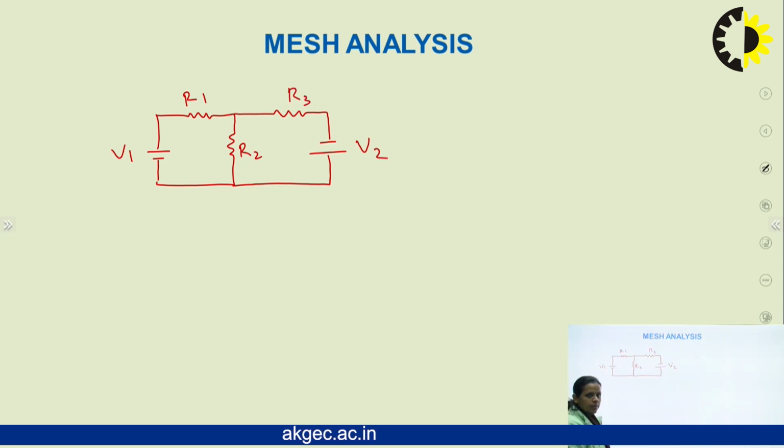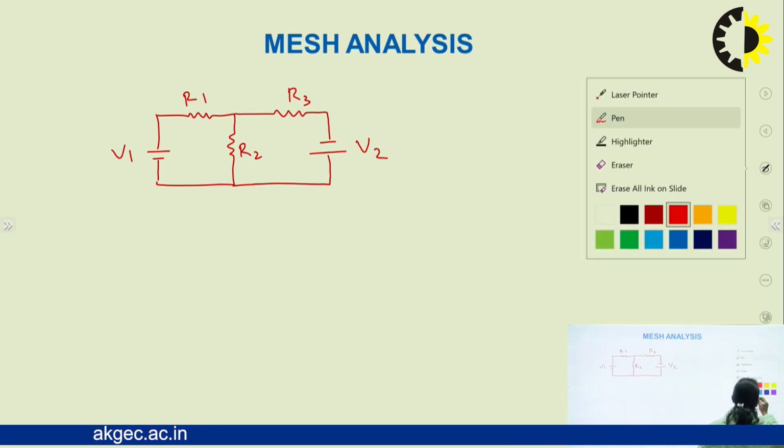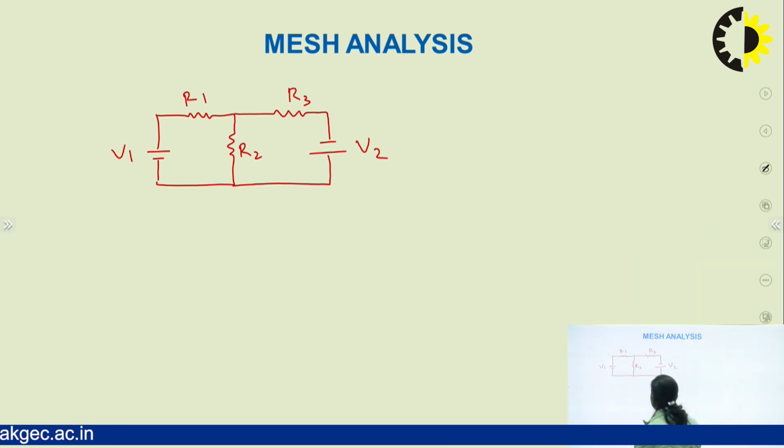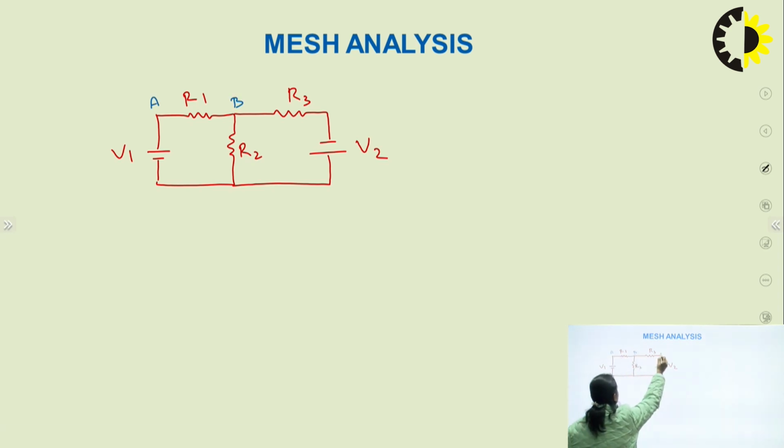Now we have to apply the mesh analysis here. So the first step is to identify the number of meshes, right? I am just naming all the nodes A, B, C, D, E, and F, right?